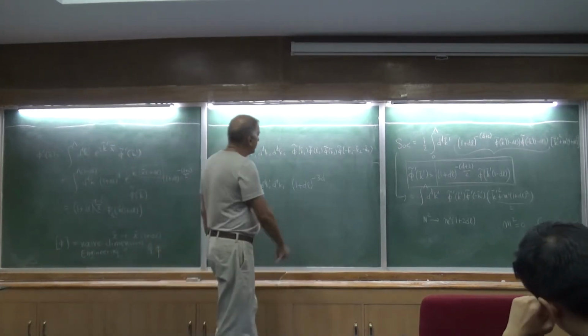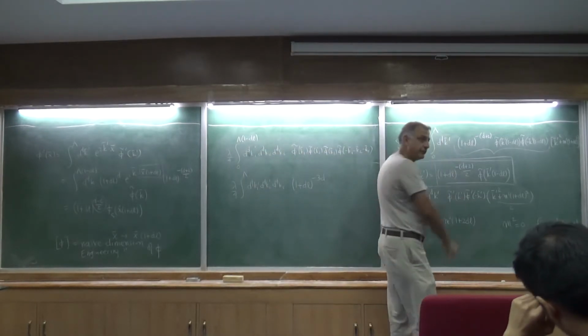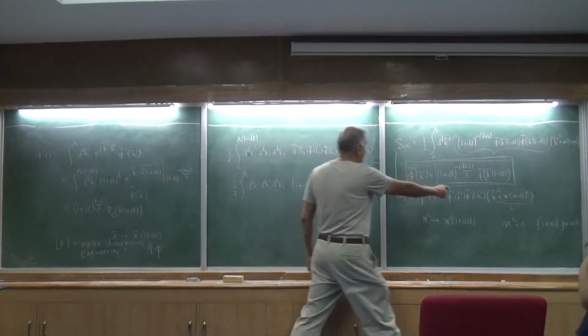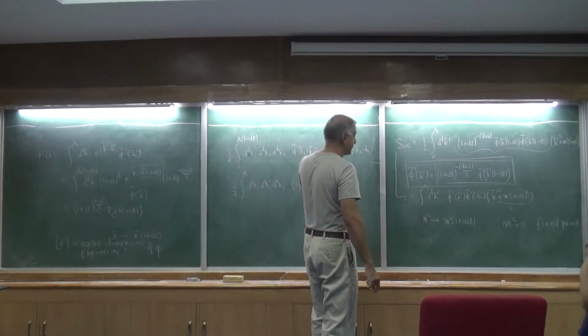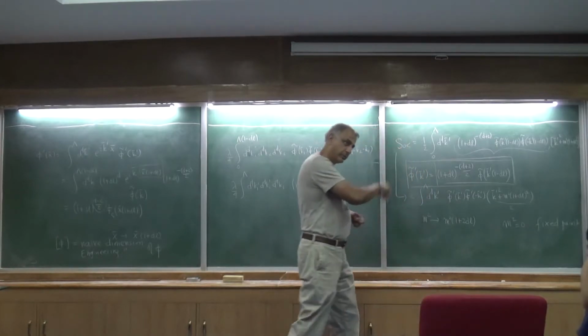And then, how about these fields here? Well, I have to do this to each of the fields. I have phi tilde of k's, but I want to write in terms of phi tilde prime of k prime.